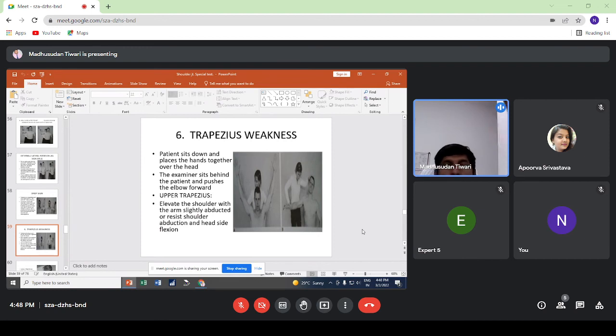Test for upper trapezius: elevate the shoulder with the arm slightly abducted, or assist shoulder abduction and head side flexion. This second one is the test for upper trapezius. The earlier one is the test for the whole trapezius.